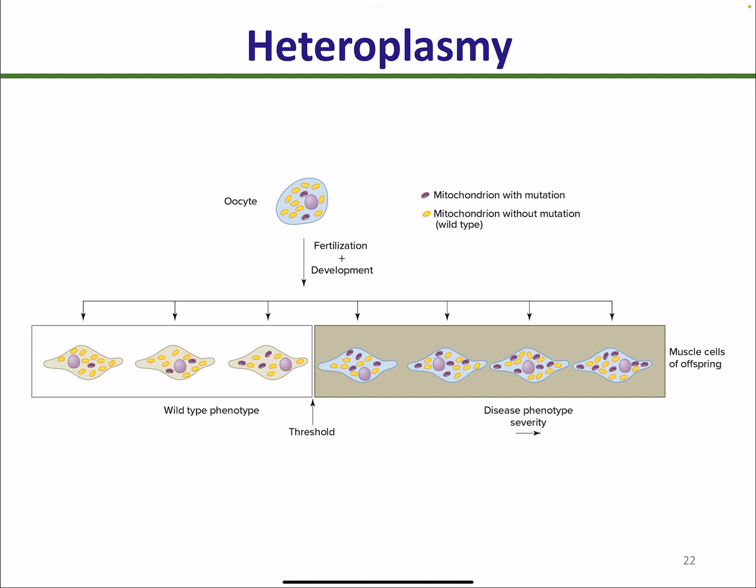So here we are showing an egg with different types of mitochondria, right? This mitochondrion right here is going to have one particular genotype, and this one is going to have a different genotype. So the dark one is mutated while the yellow one is normal, right? So let's see how this can affect the offspring.